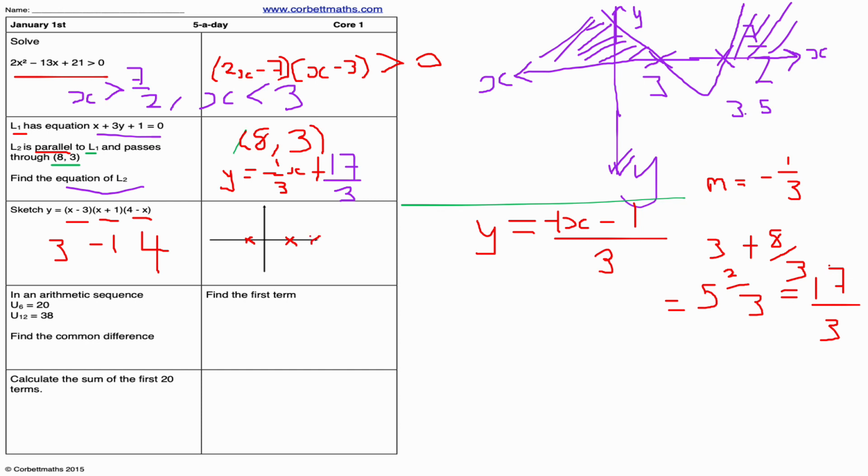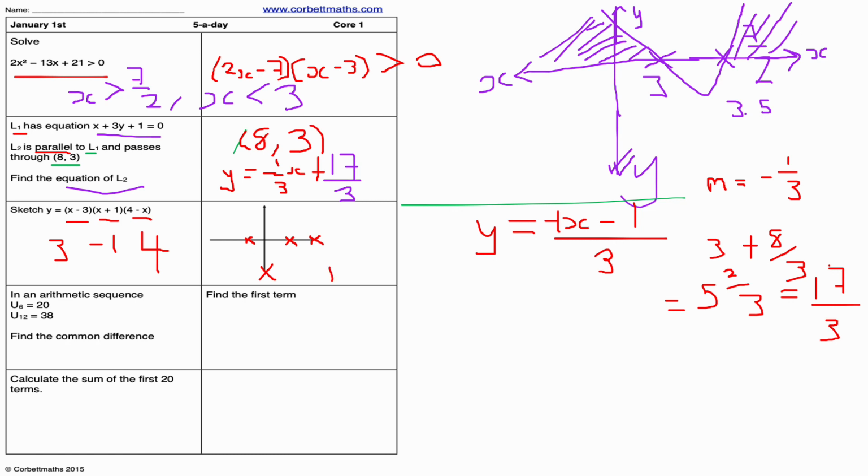Now the y value, if you're interested, if I multiply these 3 numbers, -3 times 1 is -3, times 4 is -12. So it crosses the y-axis at -12. It's a rough sketch, guys. A cubic graph here, it's a negative cubic, so I've got to be a bit careful.